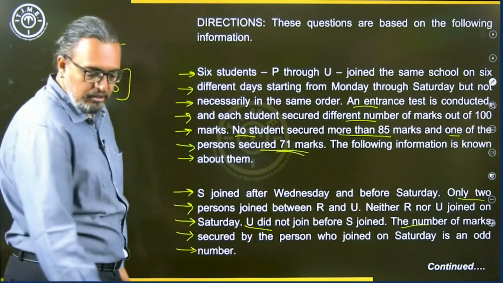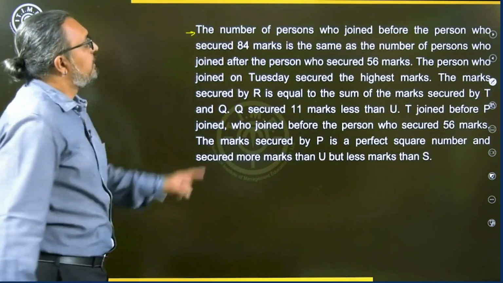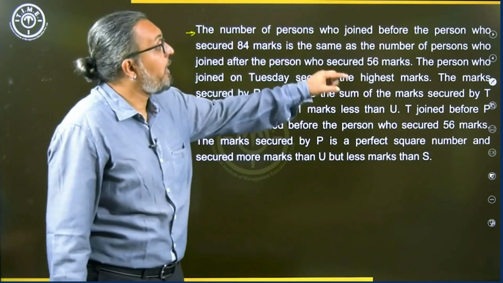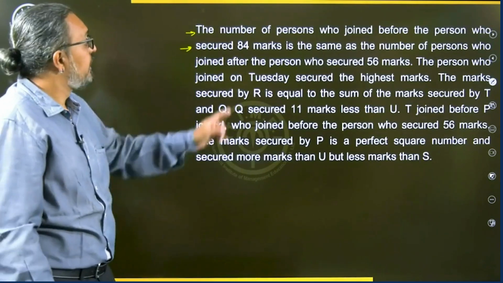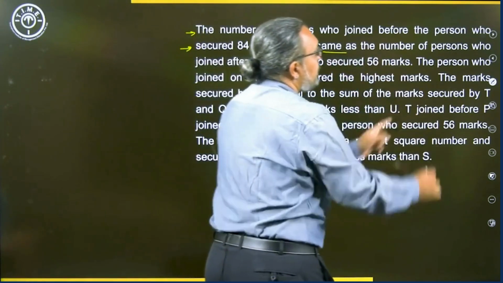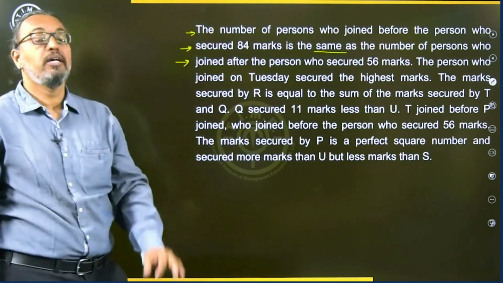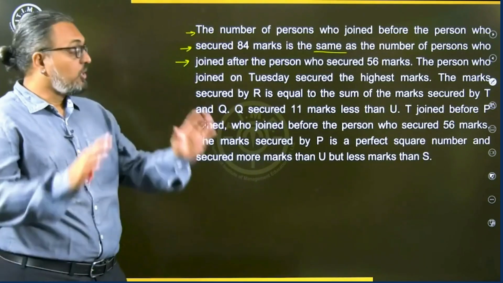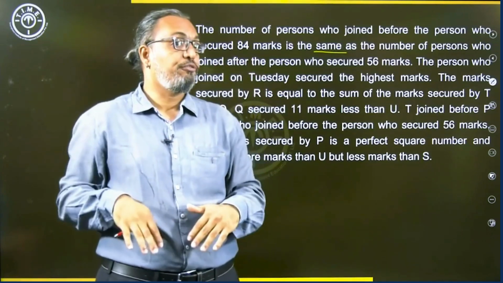So there is a continuation. Now check the next condition. The number of persons who joined before the person who scored 84 marks is the same as the number of persons who joined after the person who scored 56 marks. So the number of persons before 84 should be the same as the number of persons after 56.